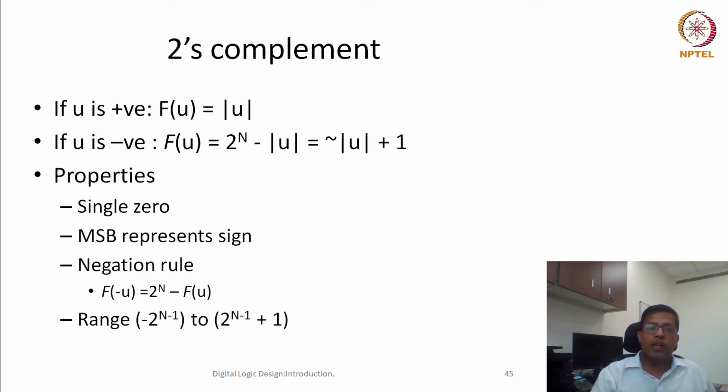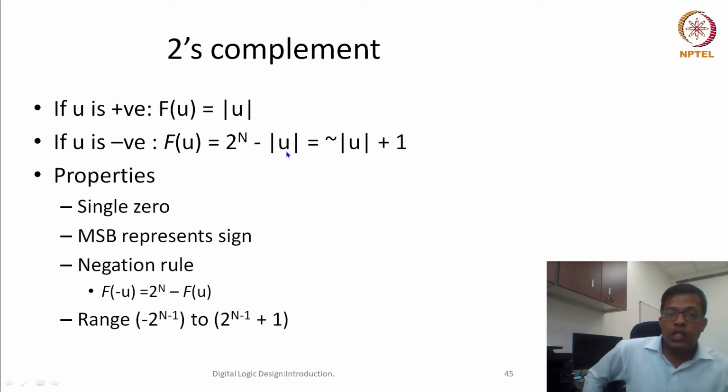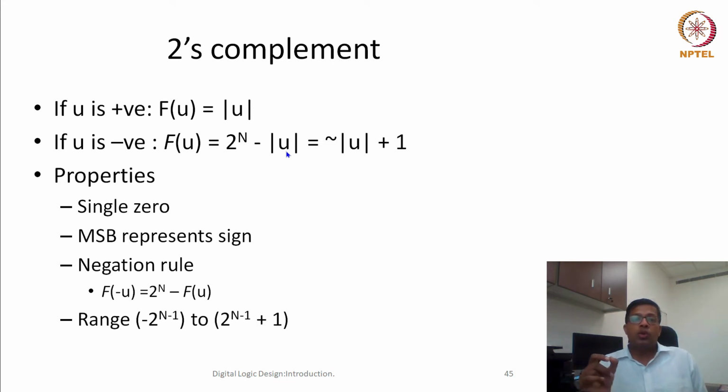So here I can mathematically define it: if a number u is positive, then its magnitude is its 2's complement representation. If the number is negative, then 2 to the power n minus the magnitude of u is the 2's complement. Because it is 2 to the power n, it is called 2's complement.